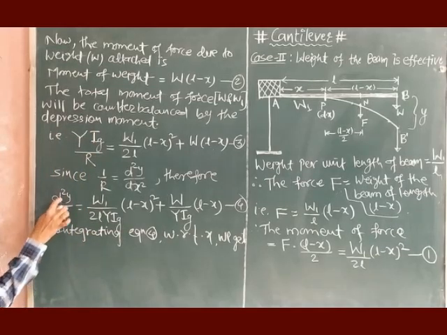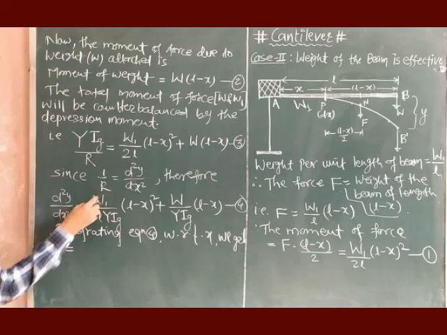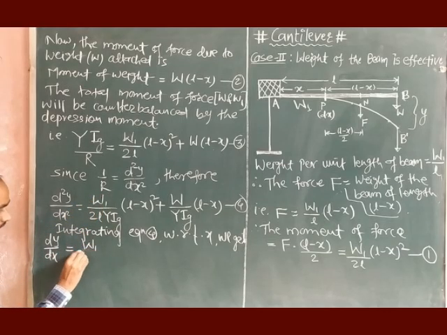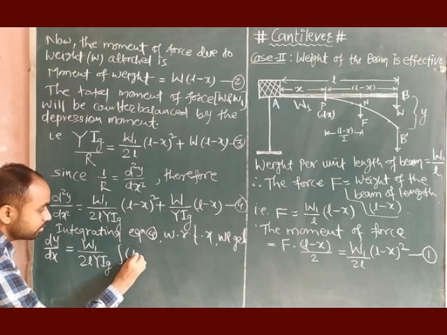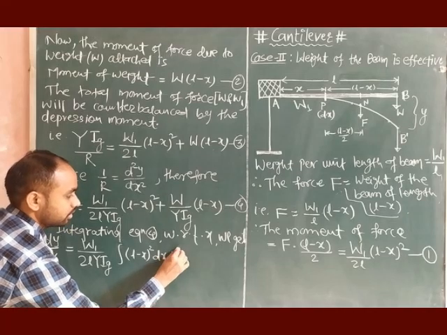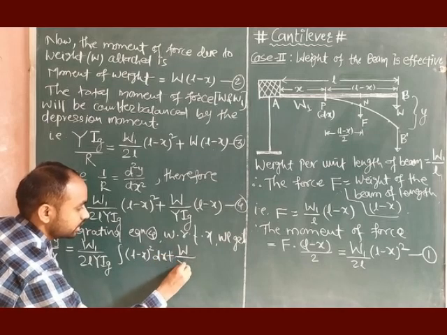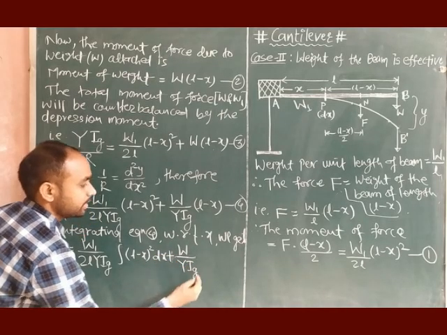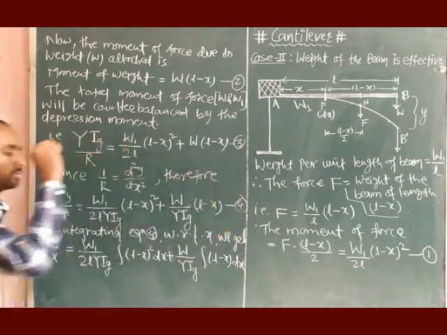After integrating, one derivative will get nullified, so dy by dx is equal to, obviously this W1 divided by 2L Yig outside the integration, integration of (L minus x) square dx, plus again W divided by Yig, which is outside the integration, constant things regarding that beam, and integration of (L minus x) dx.